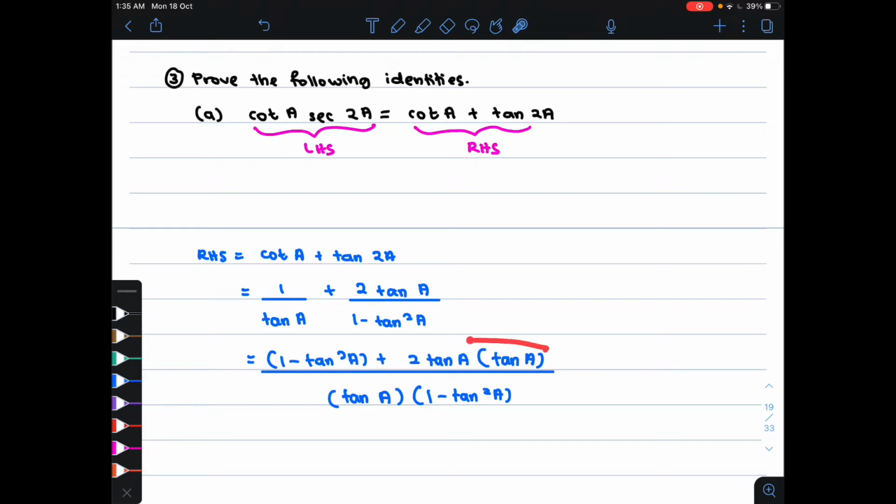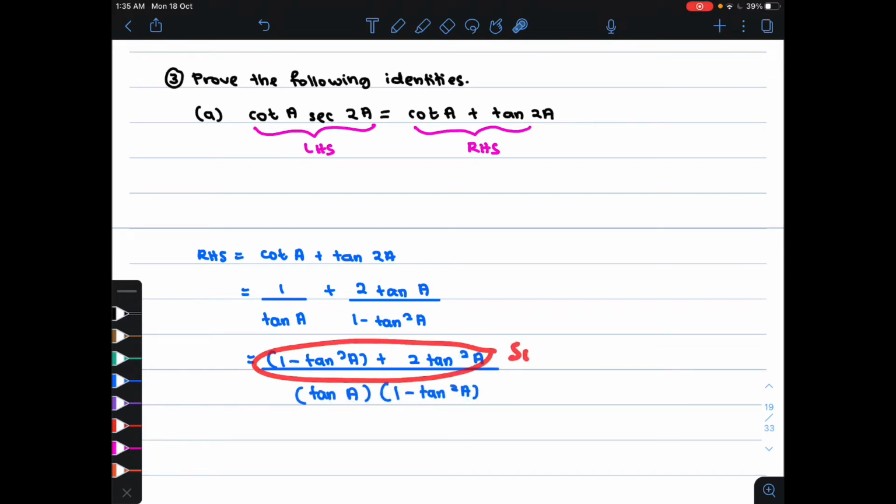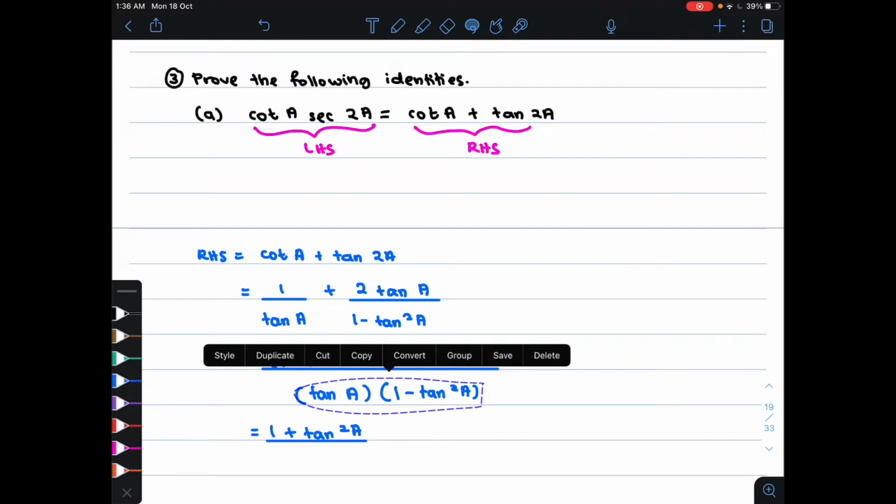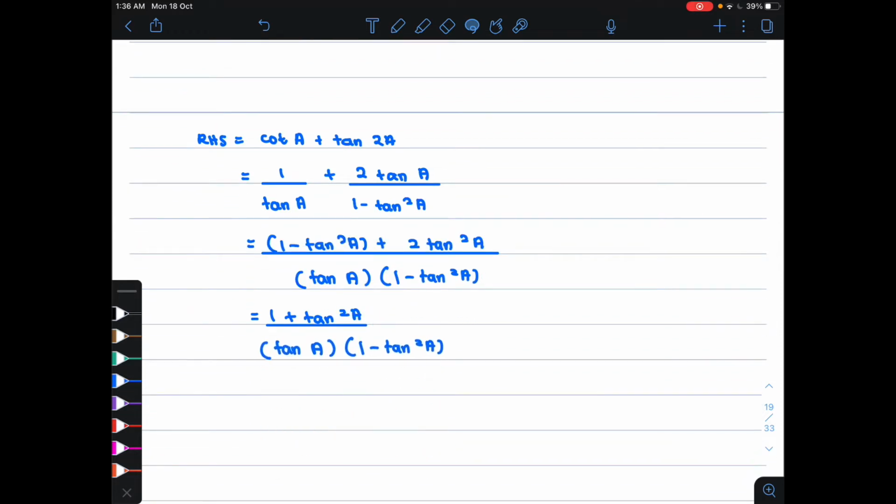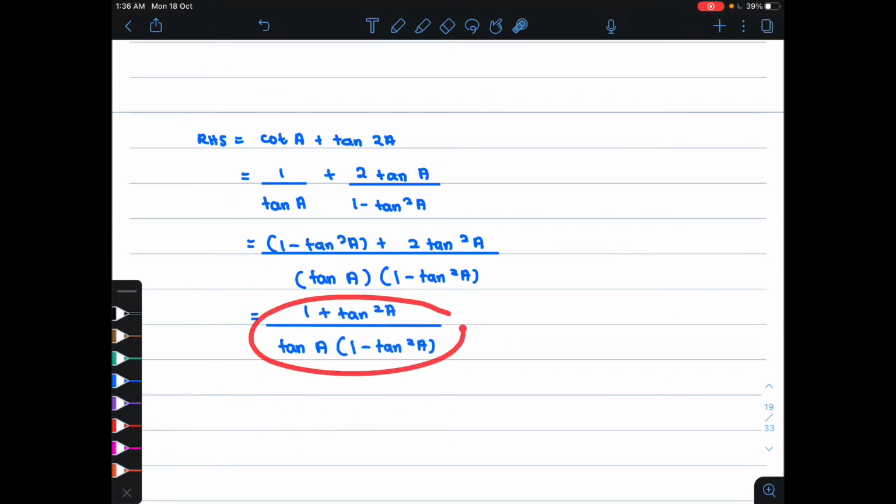So note that this is actually 2 tan squared A. And we will get this.